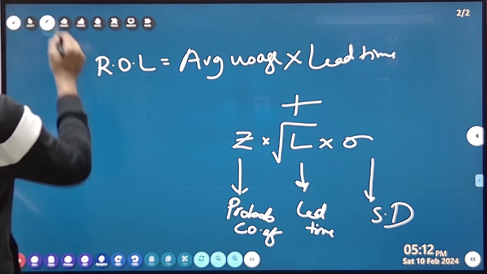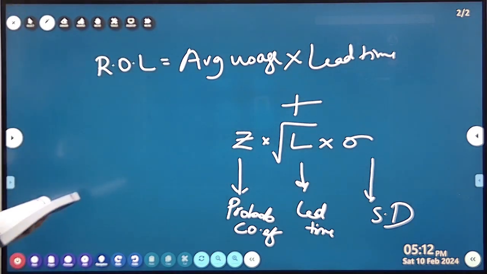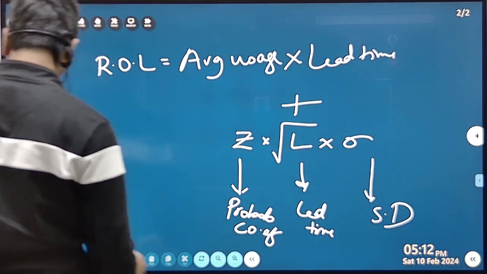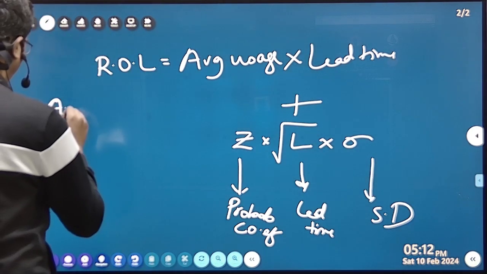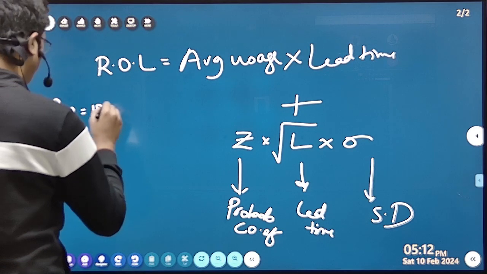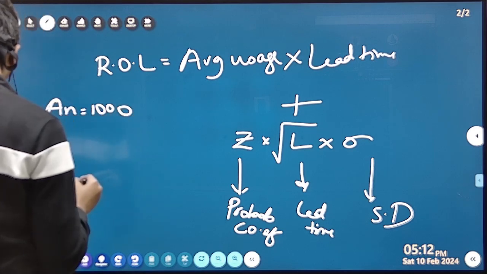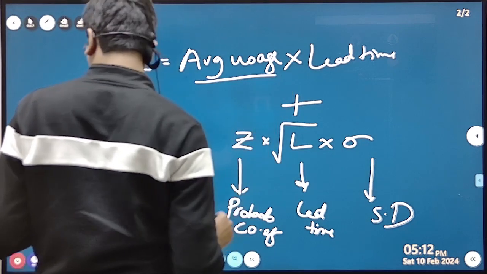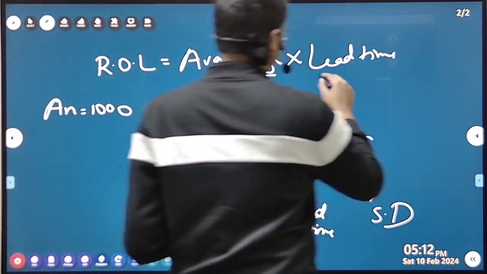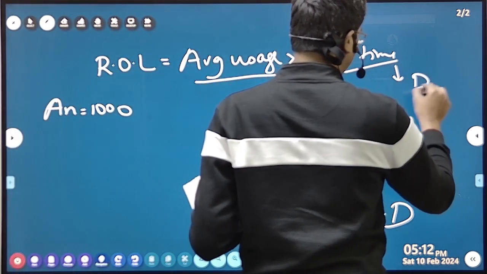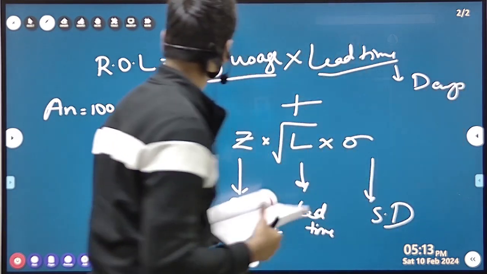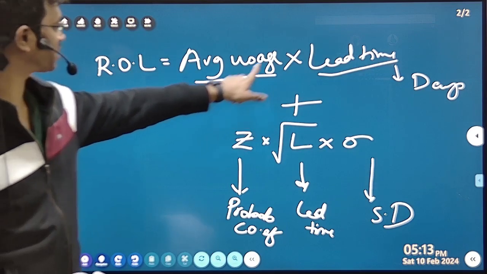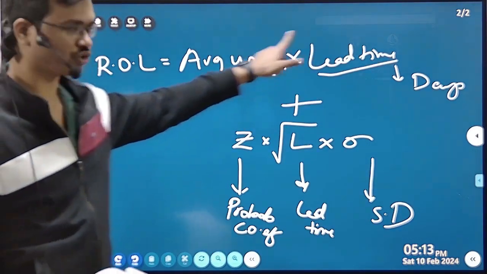Now coming to the problem. He gives us an annual demand of 1000, and we need the average usage. He has given a lead time of 15 days. Last class I also told you, while using this formula you have to check the units. If this is in weeks, this should be in weeks; if this is in days, this should be in days.